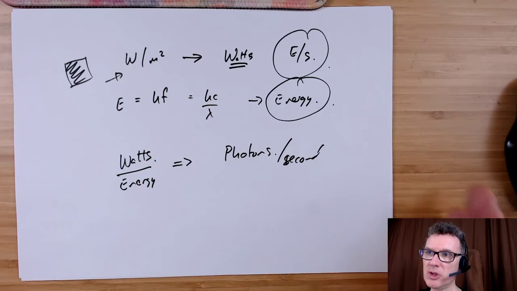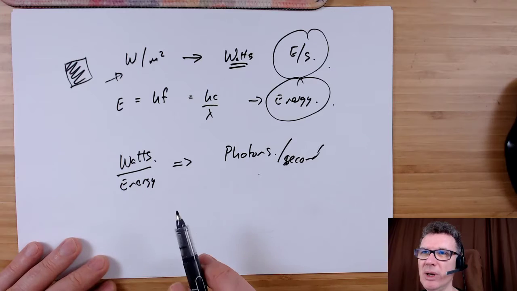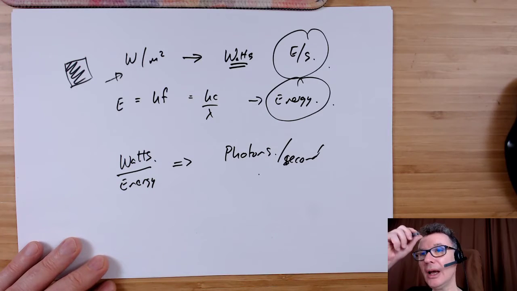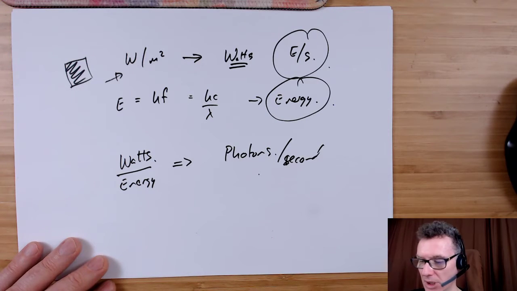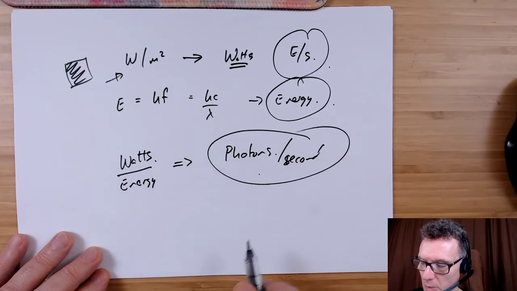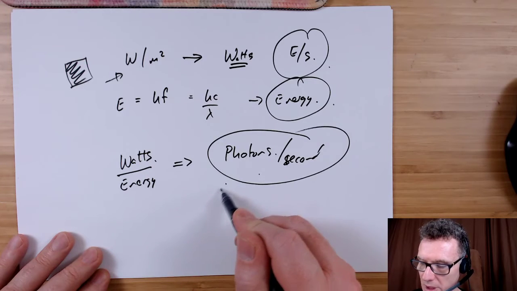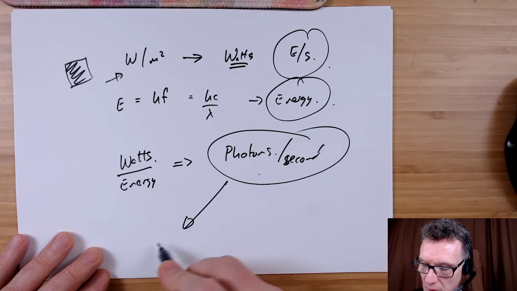Now, unfortunately, not all of those photons will get converted to current, and that's when we're going to throw in our quantum efficiency. So we have decided that's how many photons are coming in per second.